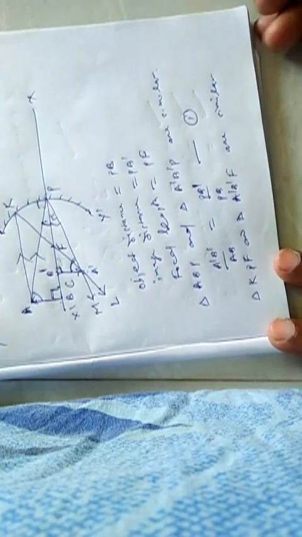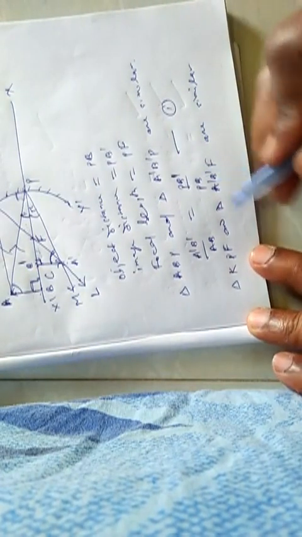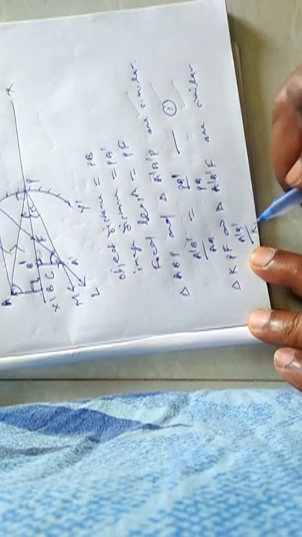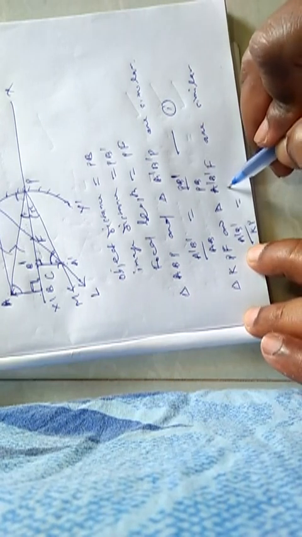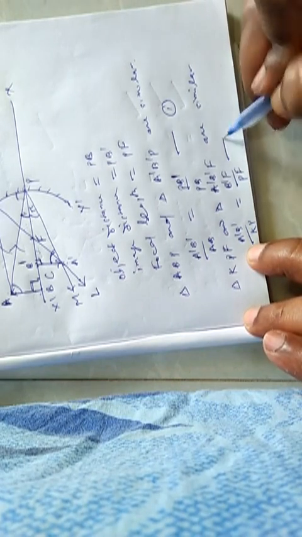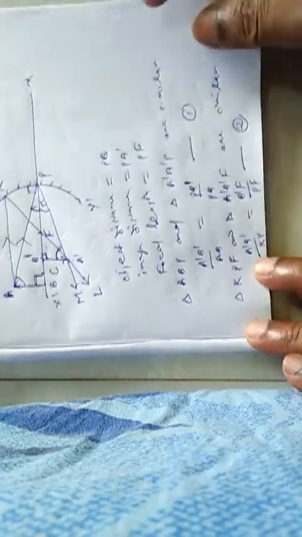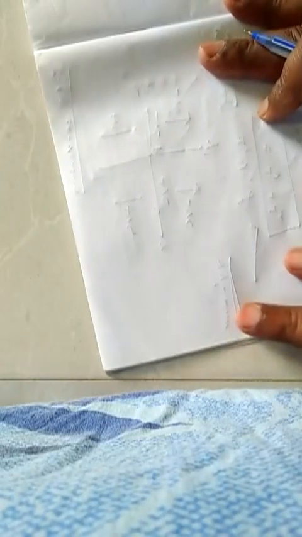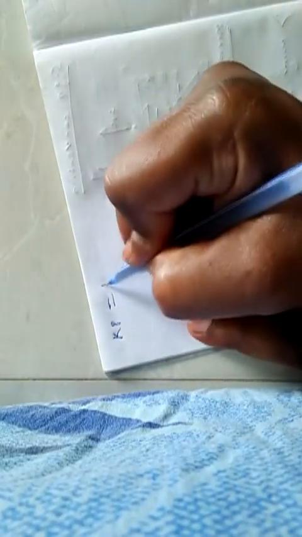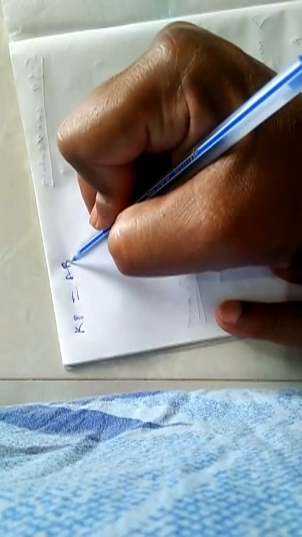So we can write A dash B dash by KP is equal to B dash F by PF. This is equation 2. But KP is equal to AB, so assumption both are equal.